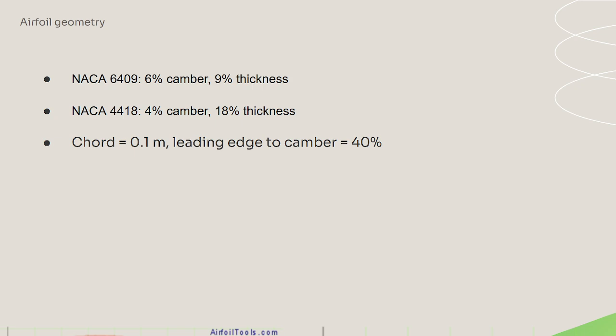Both have a chord length of 0.1 meters. The difference in shape is significant between the two: the NACA 6409 is thinner and has more curvature, which affects how air flows around it.